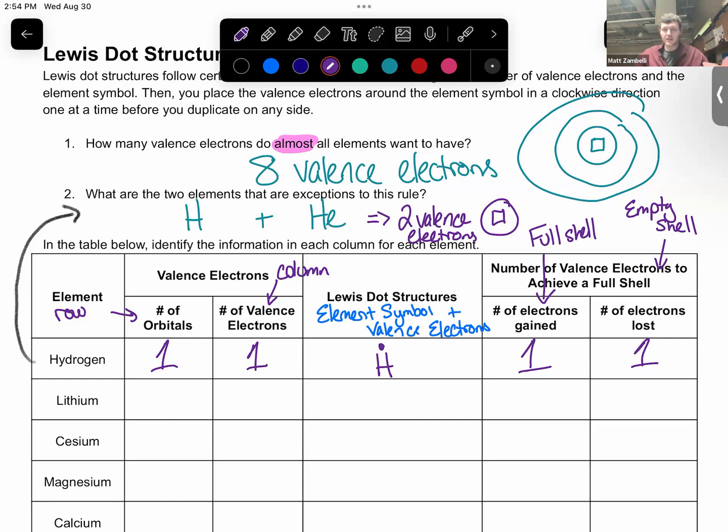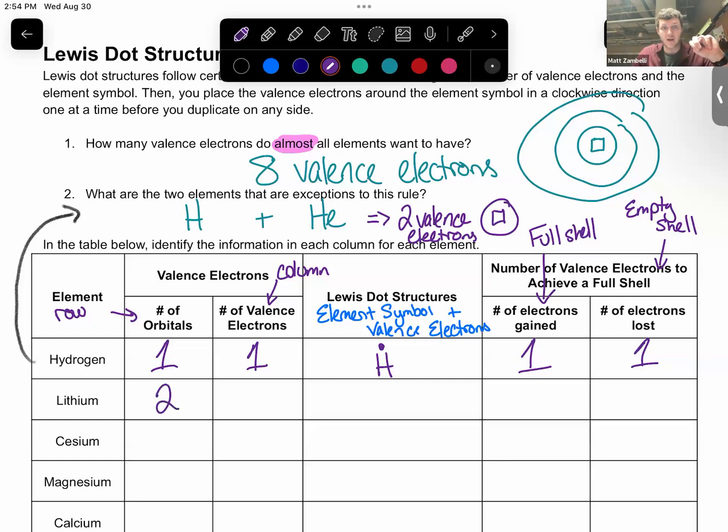Let's look at lithium and just do it one more time together. Lithium is Li on the periodic table. Again, it's in the first column, but this time it's not in the first row, it's in the second row. It's element number 3. So lithium is in the second row, which means it has 2 orbitals.